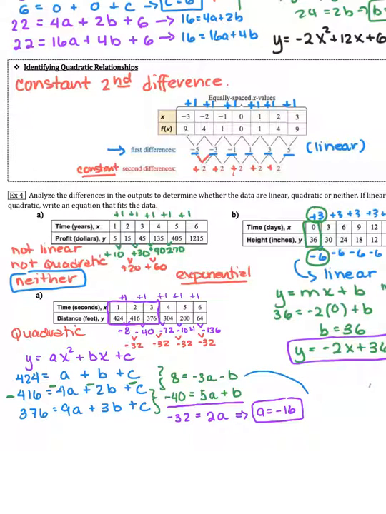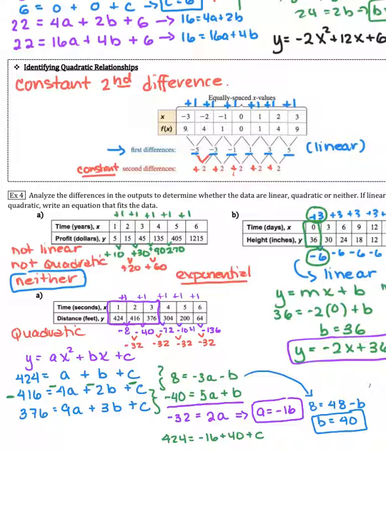So if I go into this equation, I know that 8 equals negative 16 times a negative 3 is 48. So I know that b is going to be 48 minus 8. So b is going to be 40. And now we just have to find c. So we probably go back to our initial equation, the very first one, where we have 424 equals a, which is negative 16, plus b, plus c.